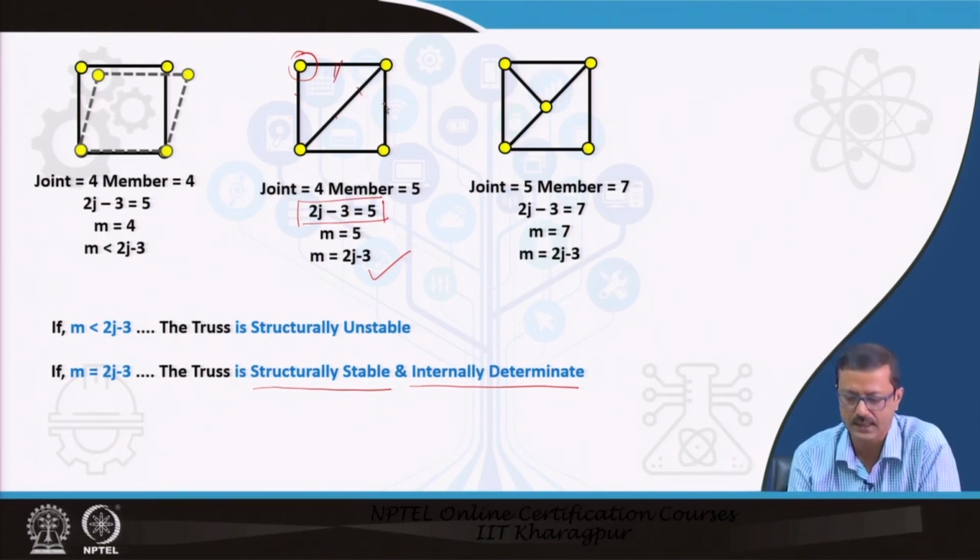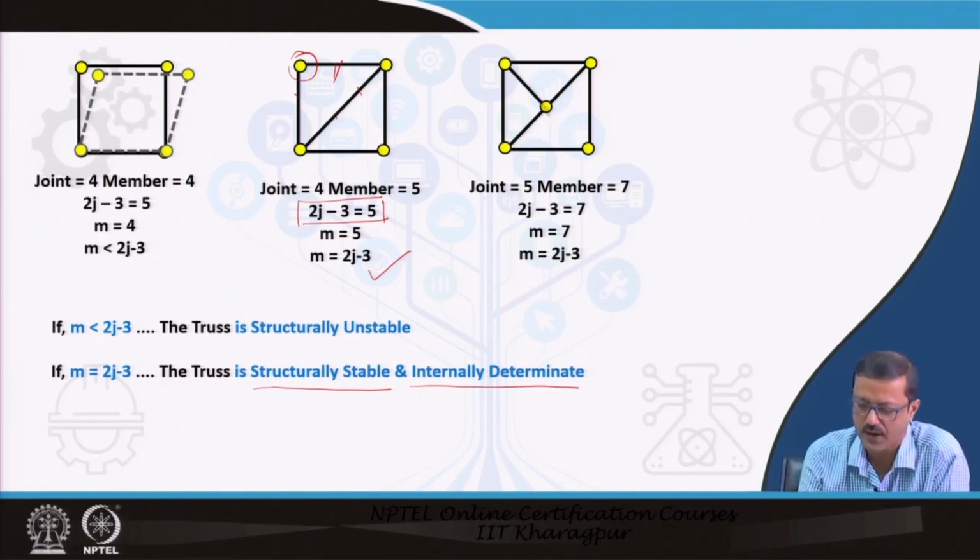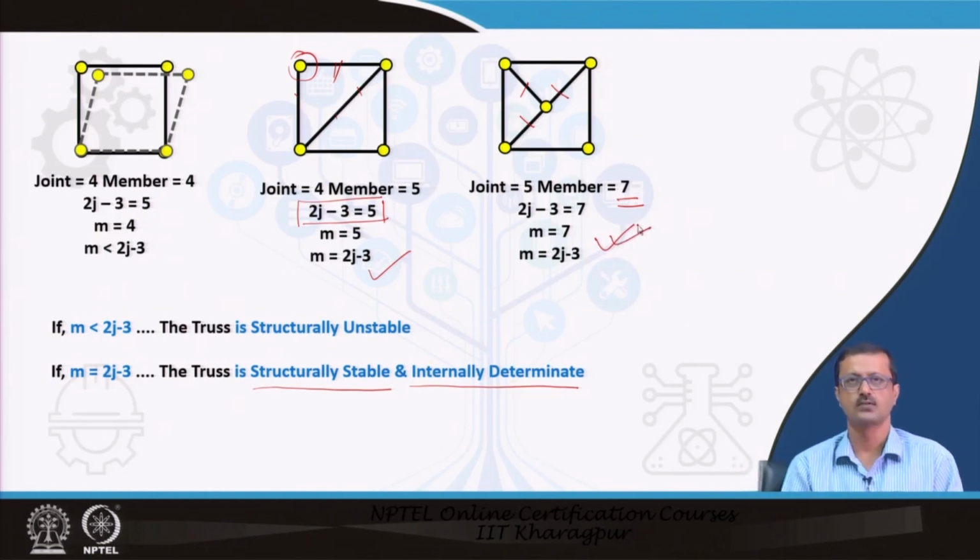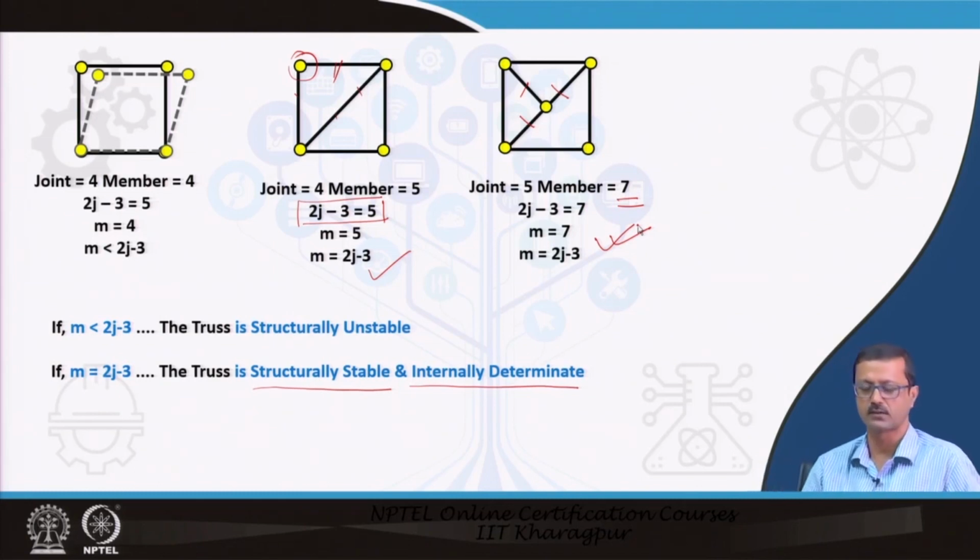But if I go on, I introduce another joint and another members, 1, 2, 3 members. Now, I have 7 members and I have 5 joints. So, this is going to be m equal to 7. So, this is also fine. If it is like this, the equilibrium equations help me to find out the loads.